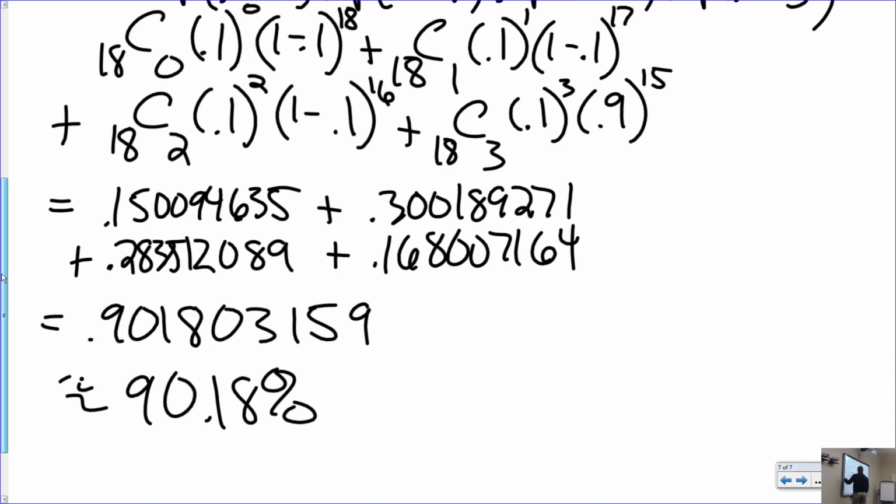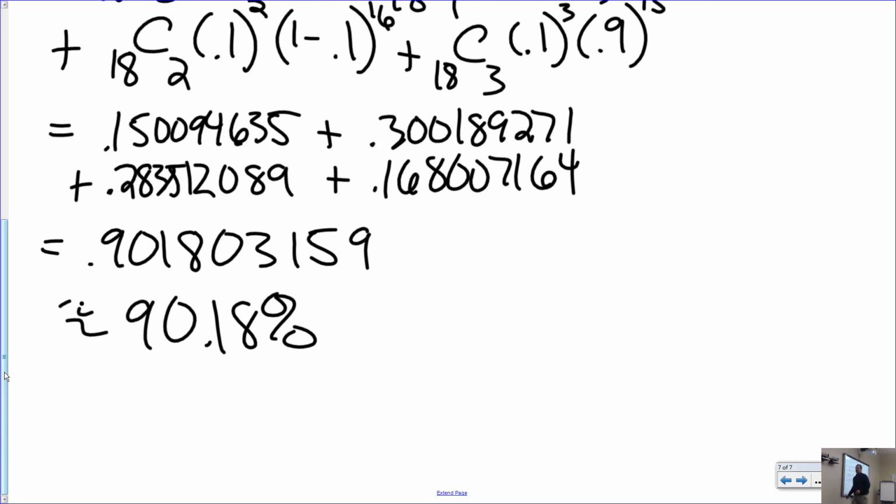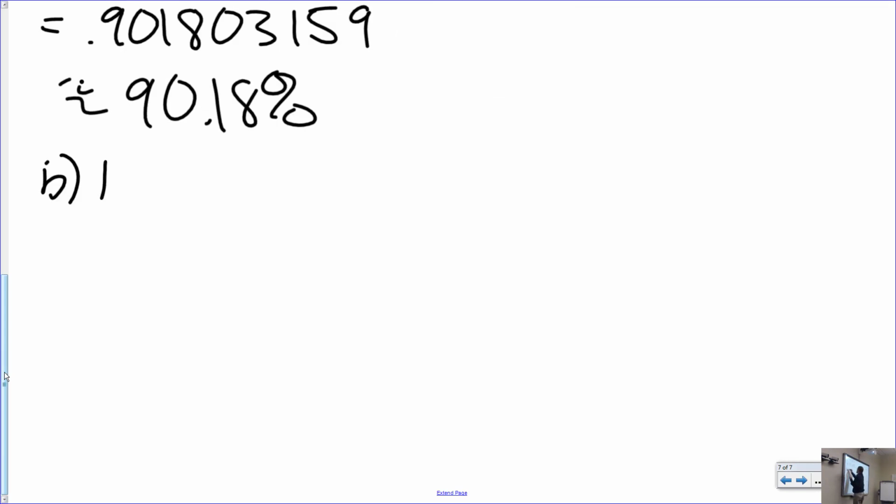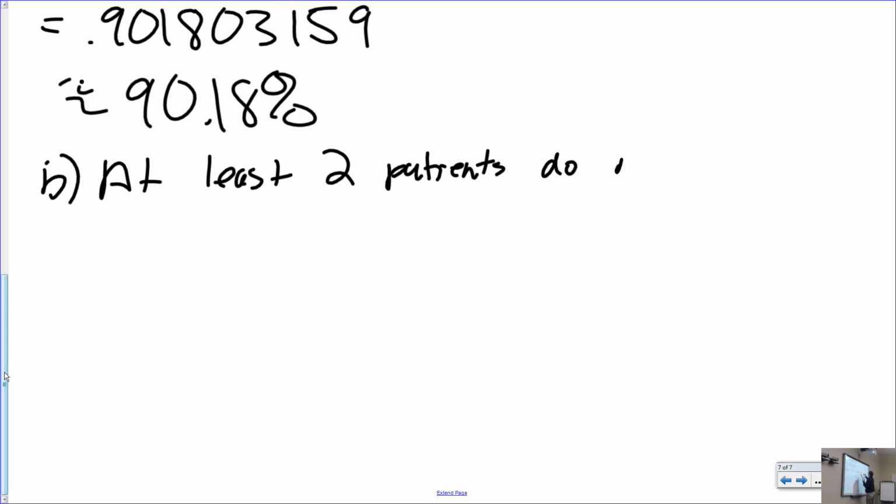Now, how would we do the second piece of this problem, right? So the second piece of this is at least 2 patients do not show. What does at least 2 mean? Not 0 or 1.